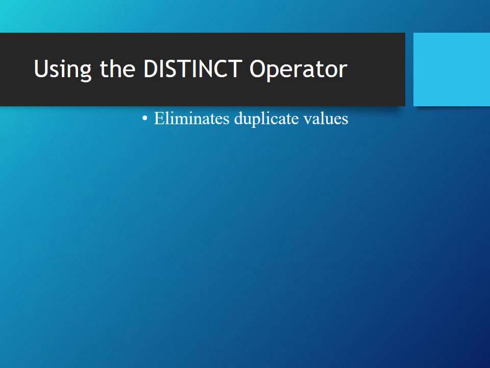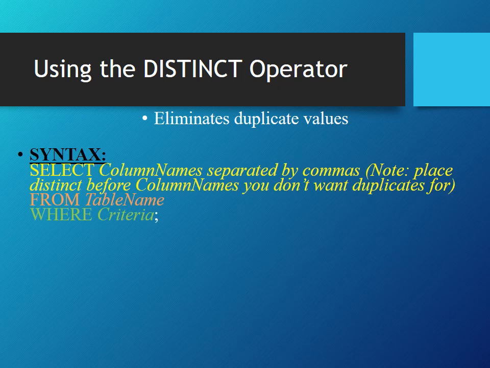When you want to list the values in a column but eliminate duplicate values, use the distinct operator. The syntax is the same as other simple queries we have learned so far. The only difference is to place the keyword distinct before the column you want to eliminate duplicates for.